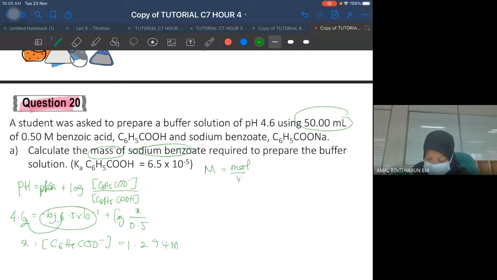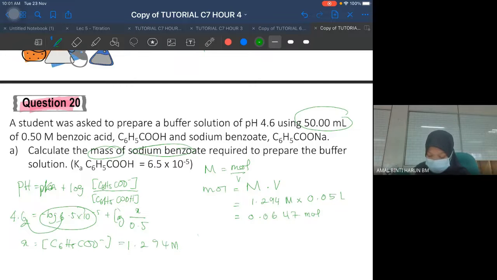So we want to find the moles: molarity times volume. So the molarity is 1.294 times volume 50 ml, converted to liters, 0.05 liter. So the number of moles will be 0.0647 mole.